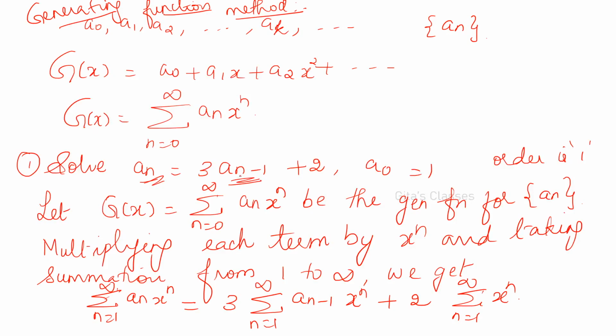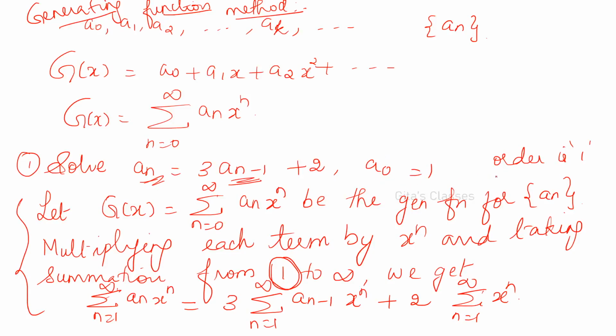So solve an is equal to 3 into an minus 1 plus 2. Important point is the first two steps. These two steps will be the same for all the problems using generating function method. But only thing is the summation, from here you will have some difference. Here, summation from which point to which point? Here what is the order? an and an minus 1.